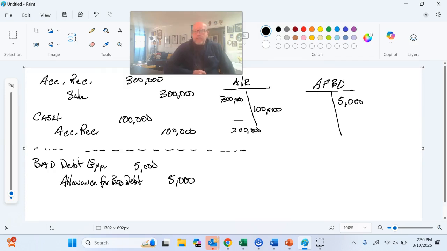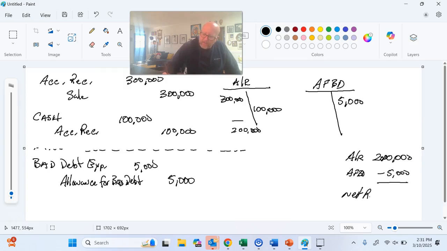And it is a contra accounts receivable account. On the balance sheet, for this particular company, we would show accounts receivable 200,000 and allowance for bad debt 5,000 for net receivable of 195.